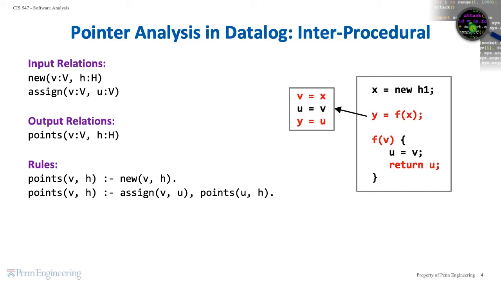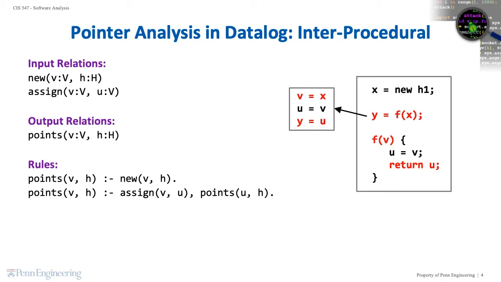More concretely, the line y is assigned f of x can be effectively replaced by three lines. v is assigned x, u is assigned v, y is assigned u, where the first line assigns the value of the passed argument x to the variable v.